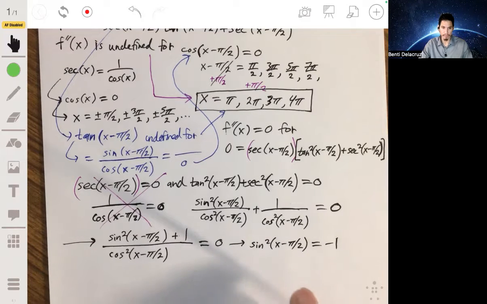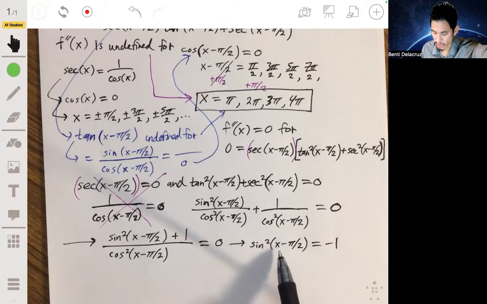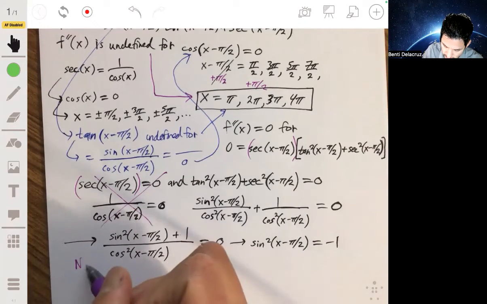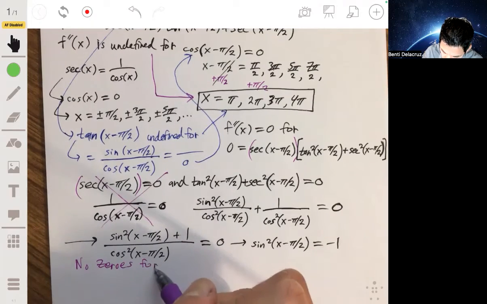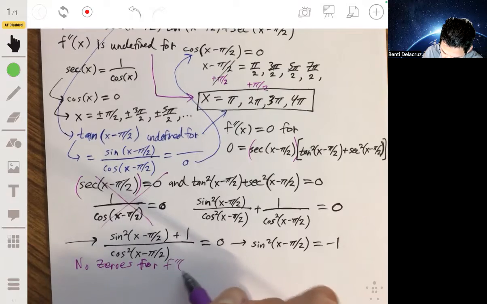But you won't have a solution here because if you square a positive number, it's going to be positive. You square a negative number, it's going to be positive. So there's no possible answer here. Nothing will work. So there's no zeros at all for f double prime of x.